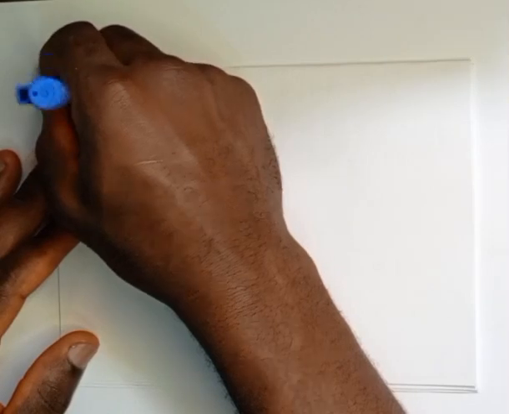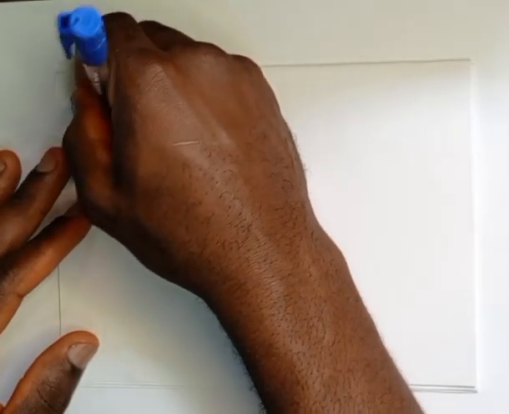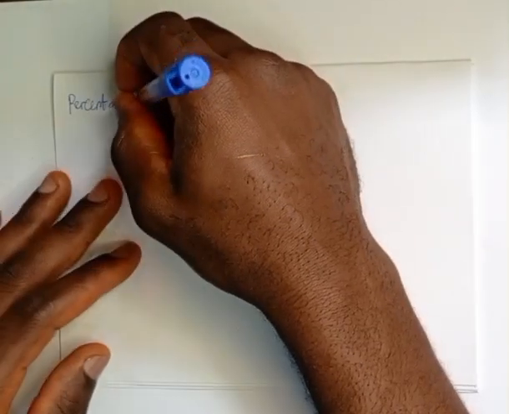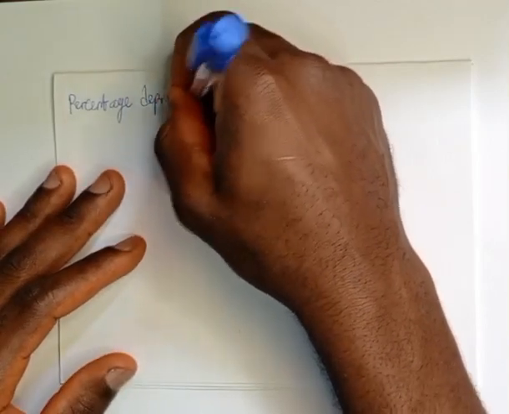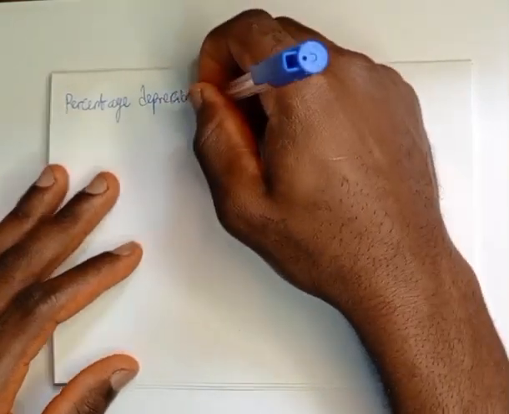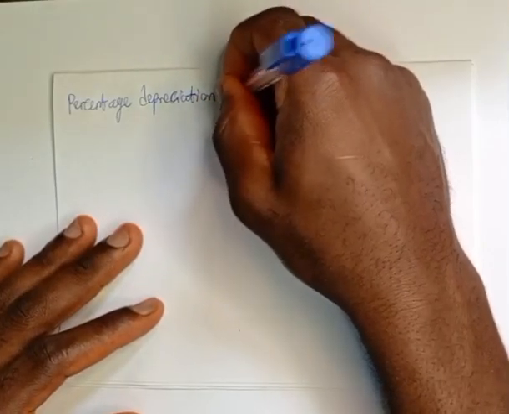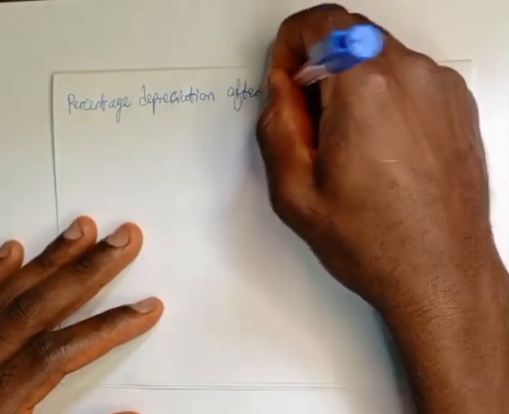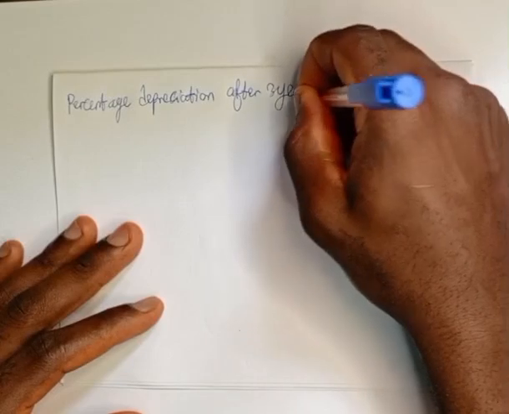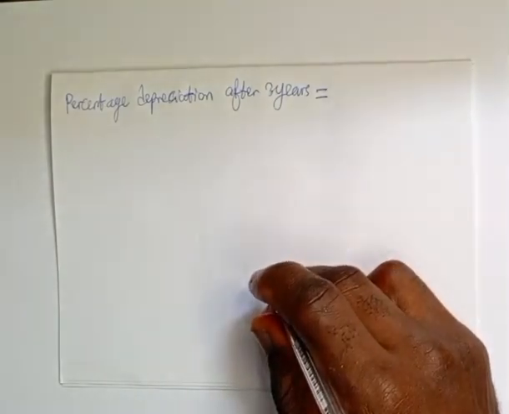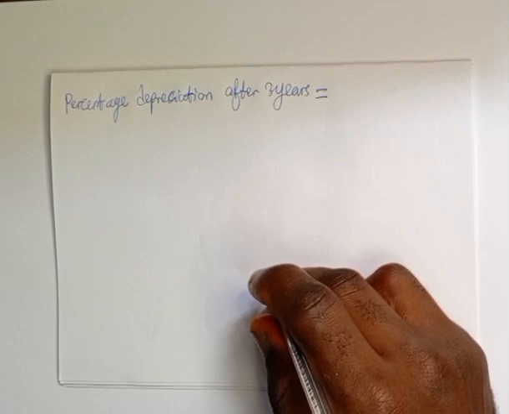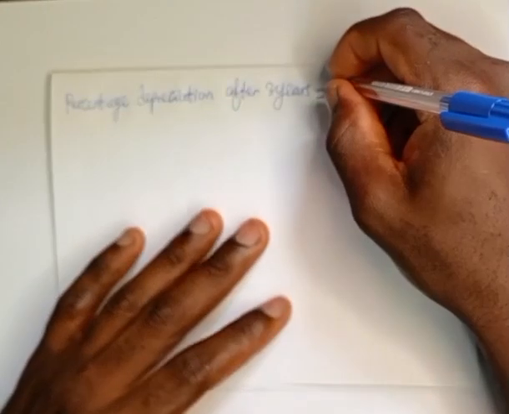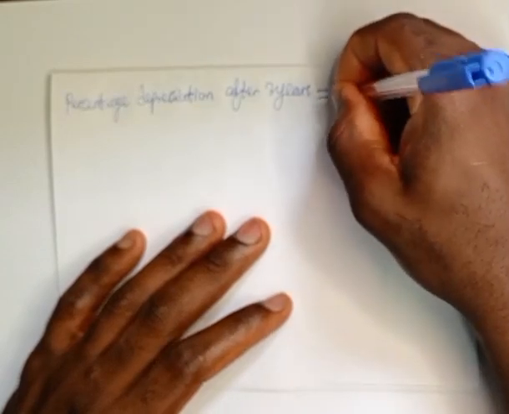Next, we have to calculate the percentage depreciation after 3 years. And this will simply be equal to, we are going to divide the depreciation amount by the original price, then we multiply by 100%.